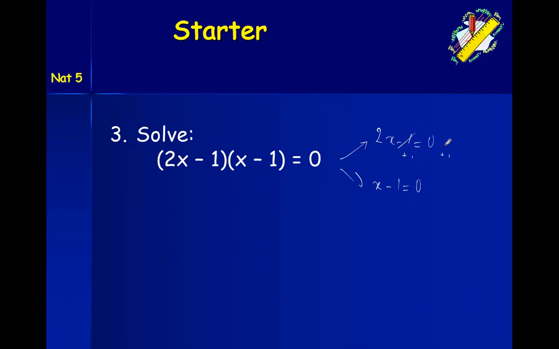Then that means 2x equal 1. And then you divide by 2, which gives you x equal a half for this one. And for this one, you just add 1 on each side, get rid of the 1, and that means x equal 1. So those are my two answers.